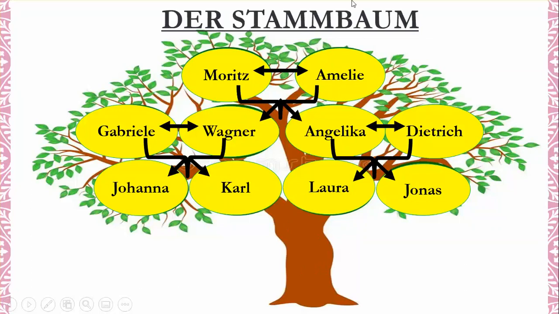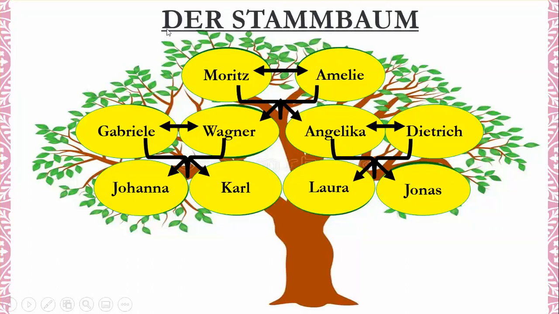So if we literally translate this noun, it means the tree of the family origin or the tree of the family ancestry. Note that both nouns are masculine with the article der, and the Baum is the tree here.